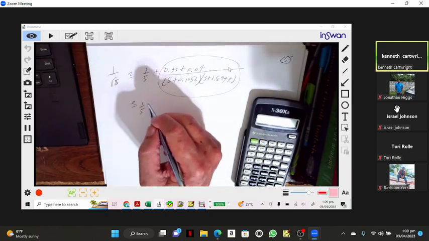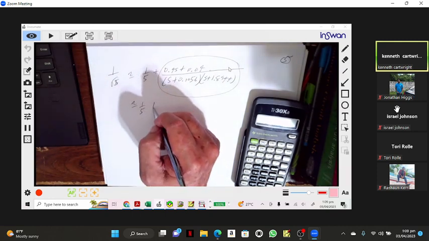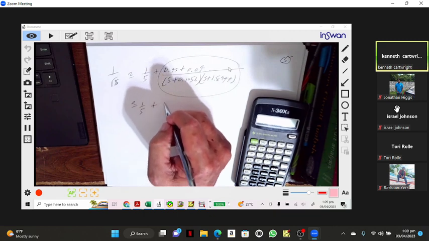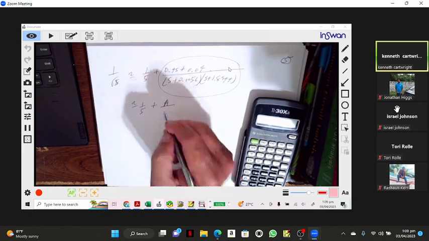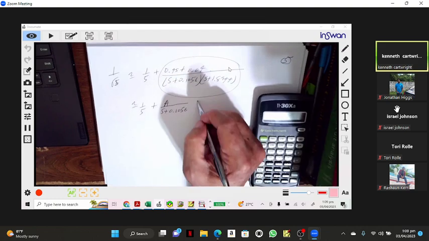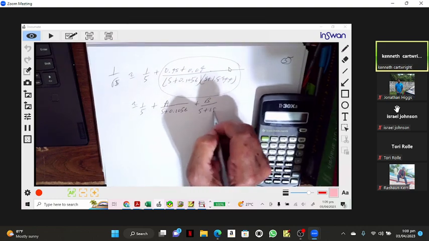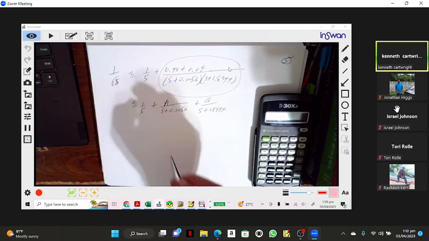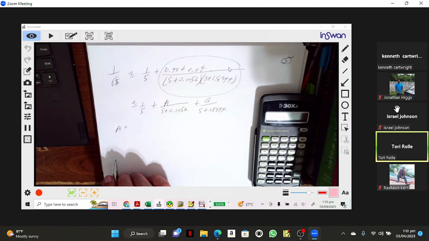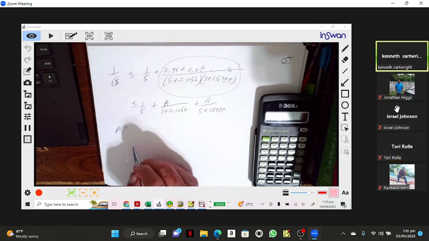This would be plus A over S plus 0.1056 plus B over S plus 1.8944. And what's A equal to? Negative 0.1056? I doubt that very much.